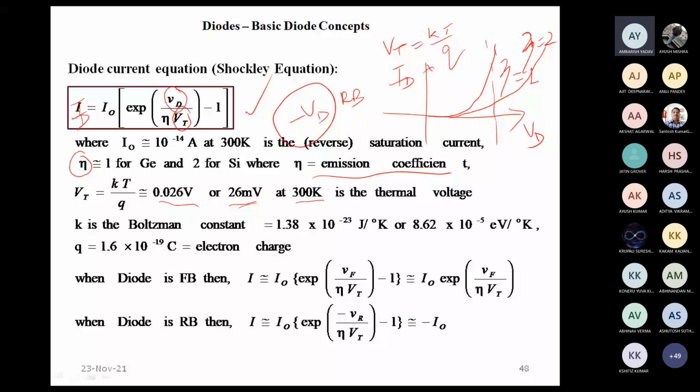So the first term is very small in the reverse bias condition, and we have effectively minus I naught. So I naught is a current which is there even in the reverse bias. This is also called the reverse saturation current.